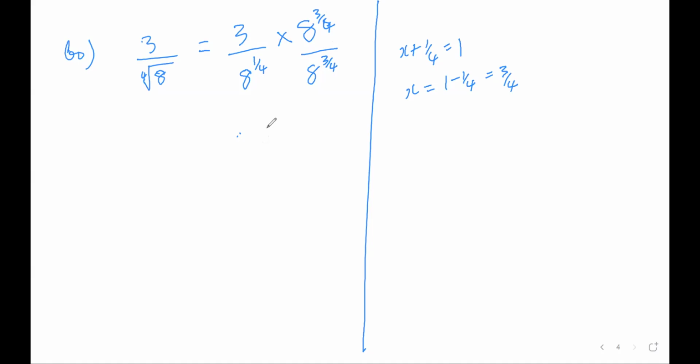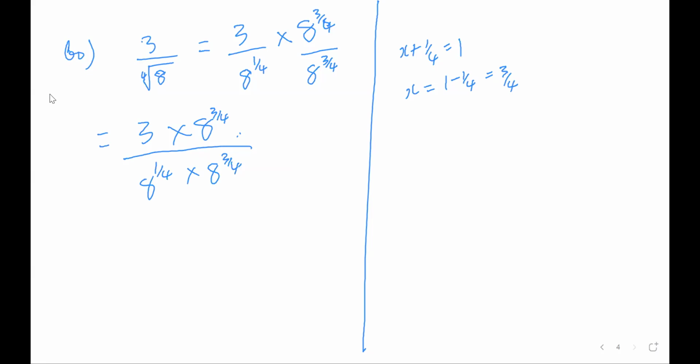Okay, so once I have done this, the next thing now is to use my law 1 of exponents. When you are multiplying, this basically is then 3 times 8 to the power 3 over 4 divided by 8 to the 1 over 4 times 8 to the 3 over 4, basically. All right.